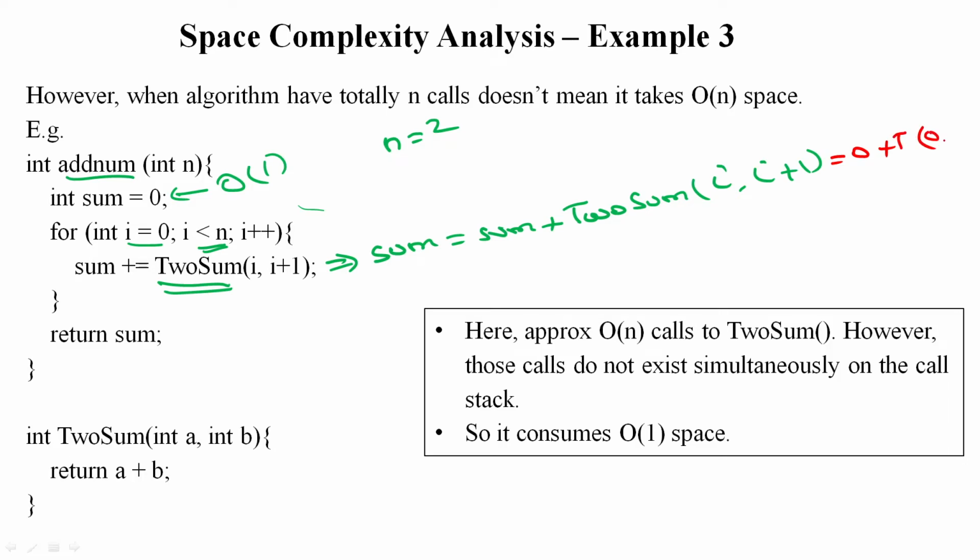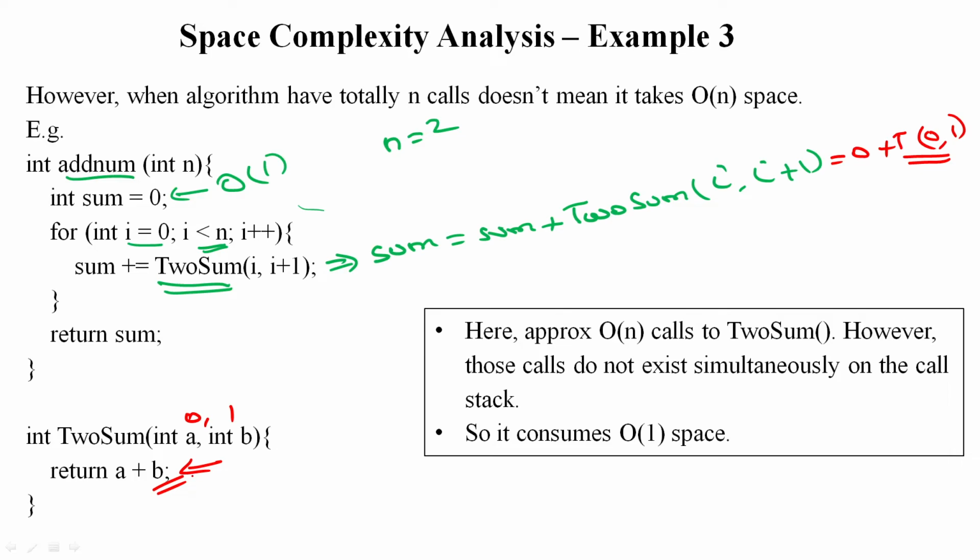Sum is also 0, then plus sum of i, i is 0, then i plus 1 is 1. So now we are passing these values here, 0 comma 1. Here we didn't use any assignment variable to store the value, so we are not consuming any memory location to store it, it is just executing.